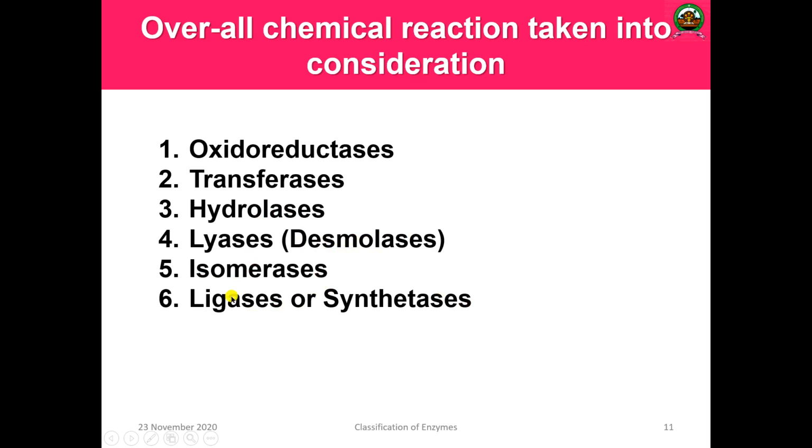Okay, now IUB classification: oxidoreductases, transferases, hydrolases, lyases, isomerases, ligases or synthetases. The name itself tells what the enzyme does. Oxidoreductases catalyze oxidation reduction reactions, the redox reactions.